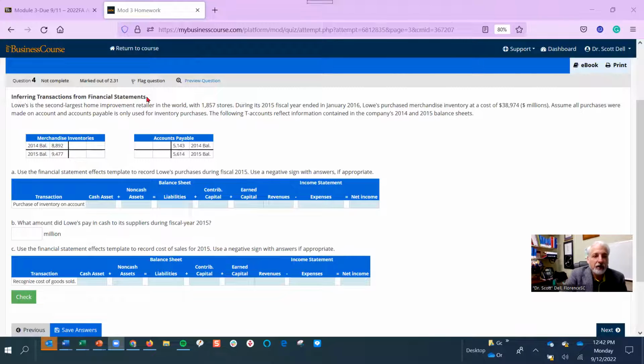So we've got inventory, beginning balance of 88.92. Ending balance 2014, which is beginning in 2015, 88.92. Did inventory go up or down? It went up.